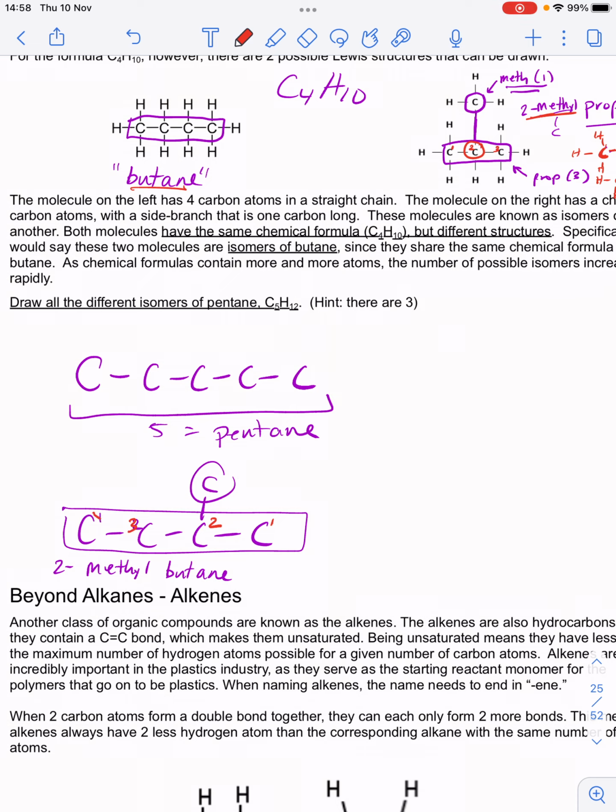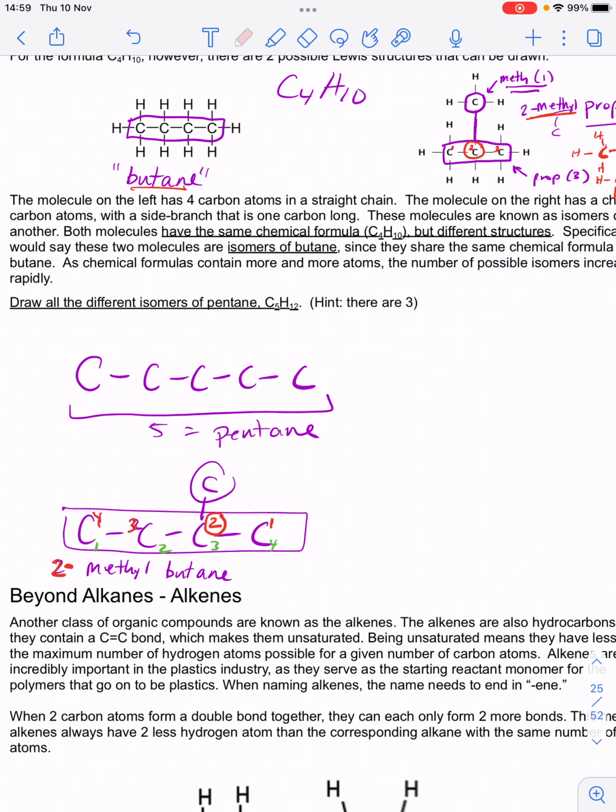So we can either number from right to left, 1, 2, 3, 4, or we can number from left to right, 1, 2, 3, 4. And there's 2 different options. I could call this 2-methylbutane or 3-methylbutane. And the rule is simply to always pick the lowest number possible. So that's why 2 would be the best name for this molecule.